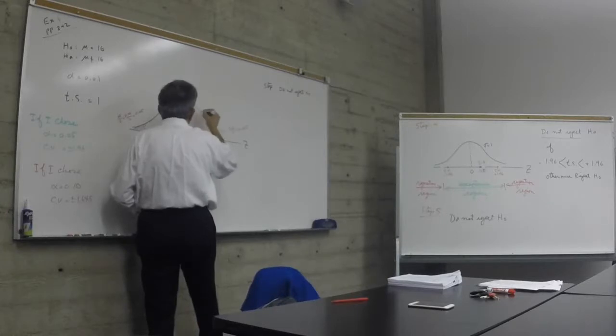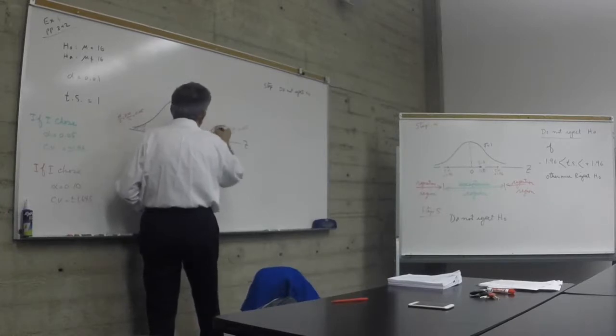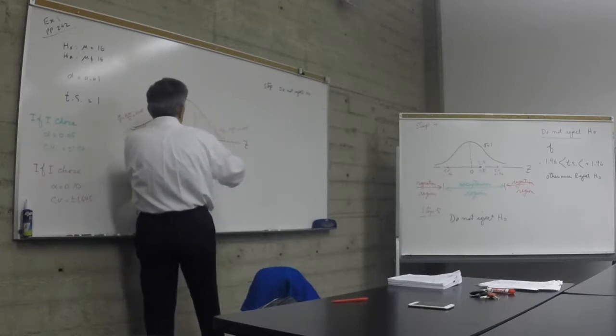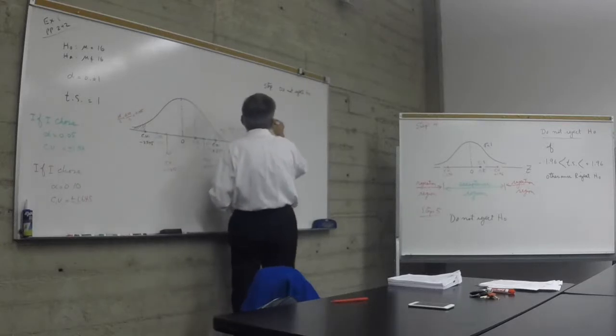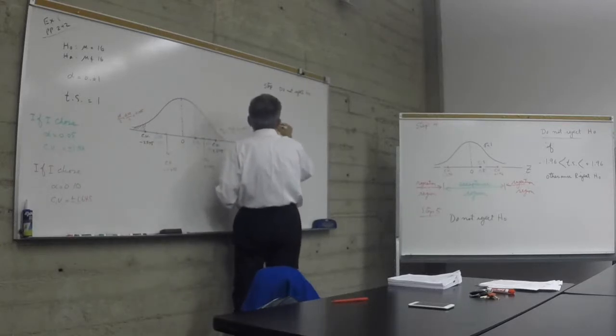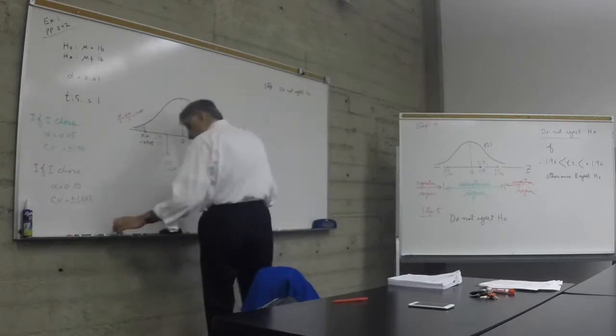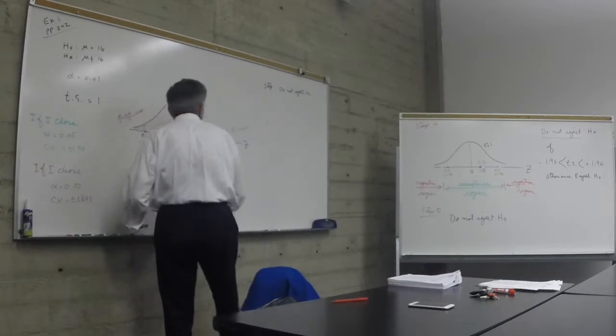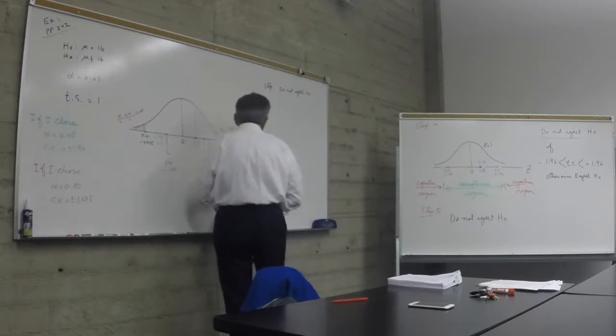the area under the normal curve, in this example, to the right of the statistic. So p-value, this doesn't make sense. I wanted to have a different color, but it doesn't work.